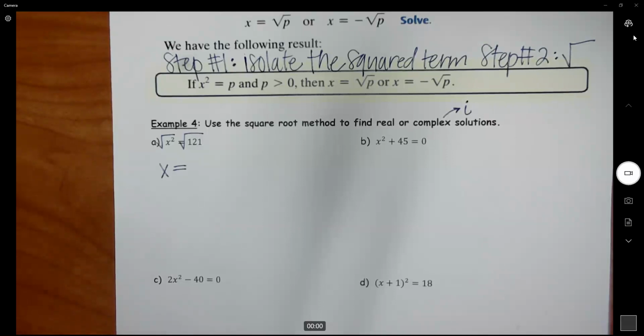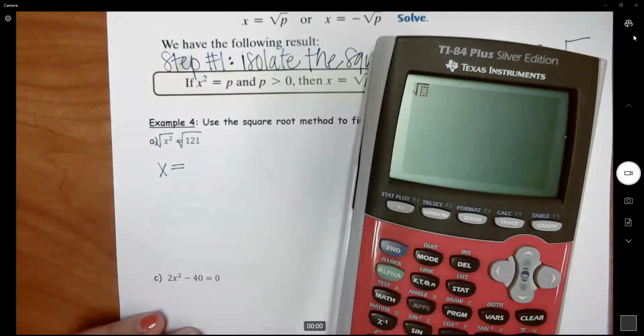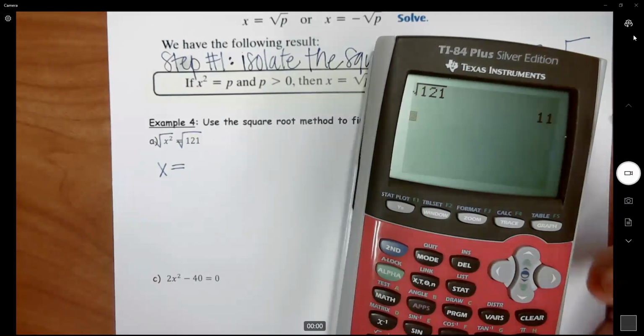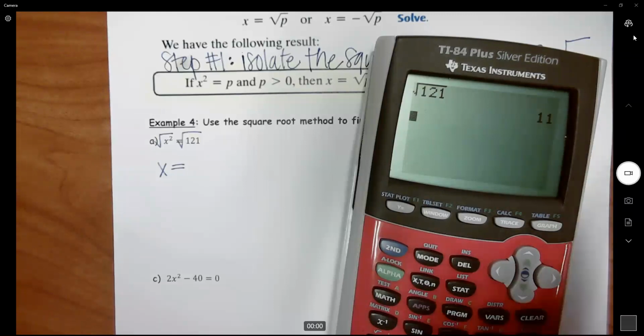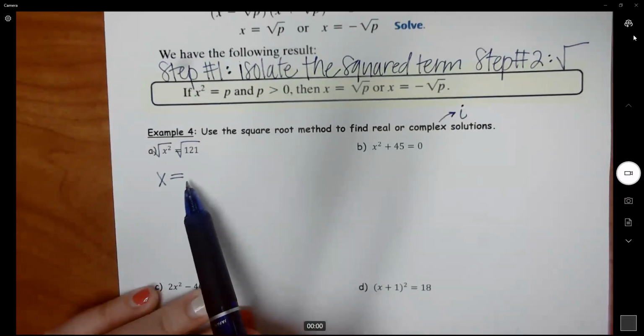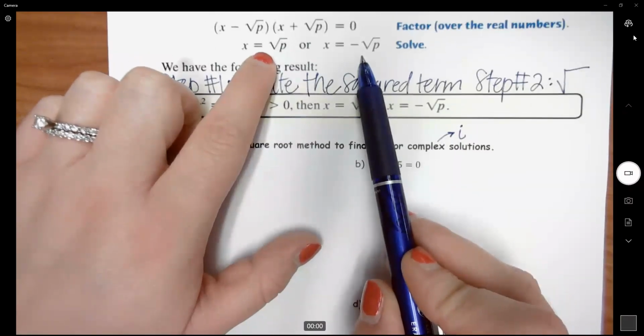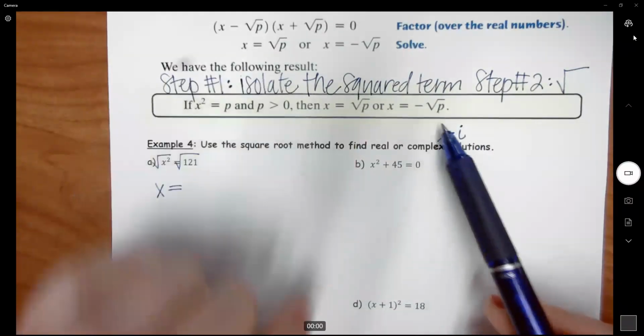And then for this one, I'm going to put this in my calculator. This is a perfect square. If I do the square root of 121, we get 11. Be careful with this though. This is only half of my answer. When I take the square root of something, I need to remember that I have the positive and the negative of that number.